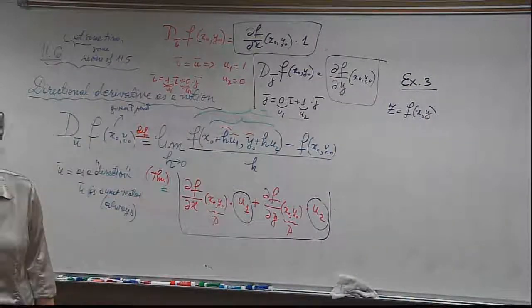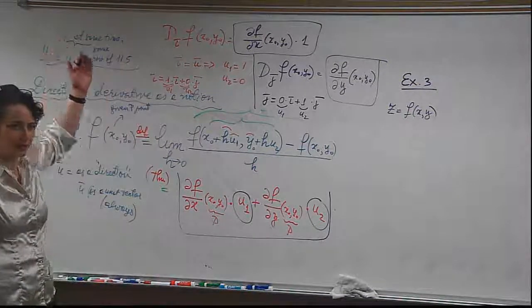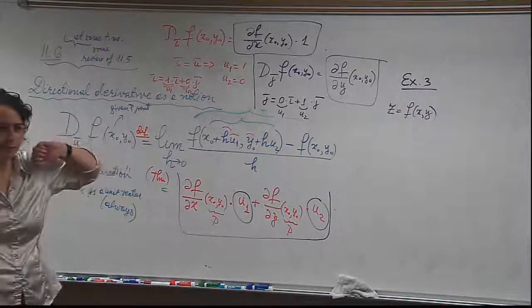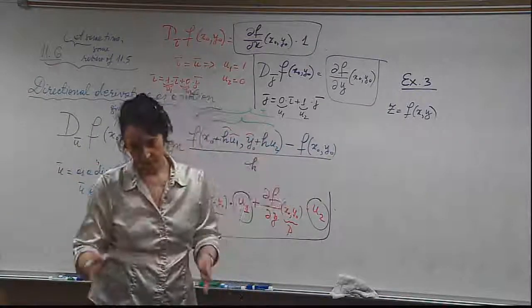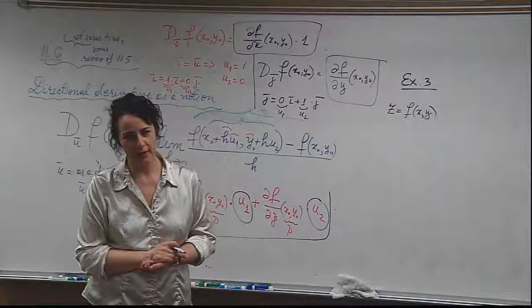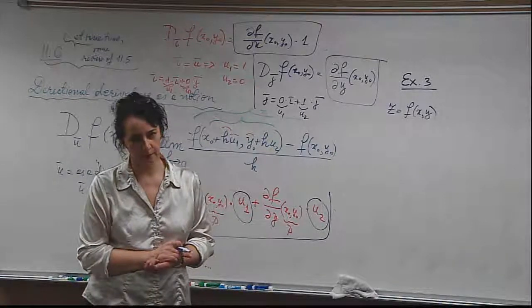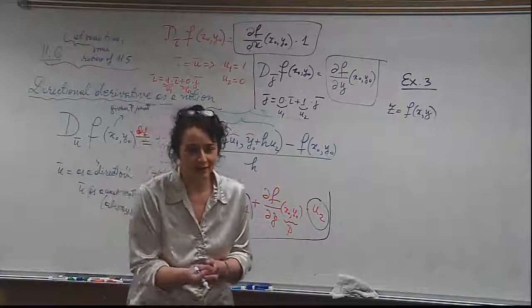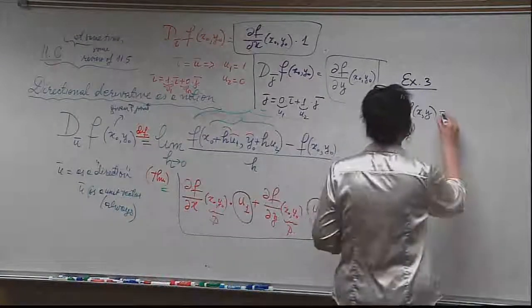This appeared in most of my exams. x squared plus y squared, circular paraboloid, was one of my favorite examples. 1 minus x squared minus y squared was the hill, the circular paraboloid upside down. Which one do you prefer? The hill, the first one? It's easier? Okay.